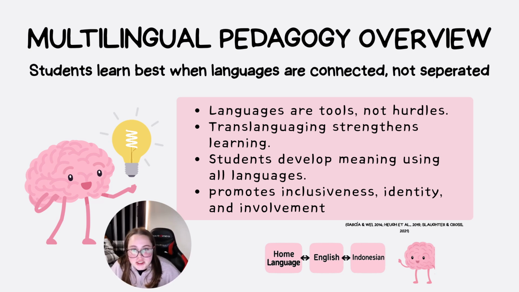Deeper comprehension, identity validation, and involvement are all supported by this method. According to research by Garcia and Wei, translanguaging gives students the flexibility to build knowledge using all available linguistic resources. In a similar vein, Cummins' research indicates that academic and cognitive abilities are cross-linguistic, so learning one language can facilitate another.